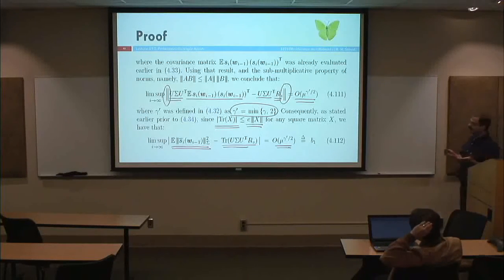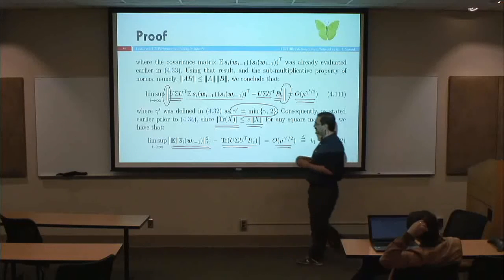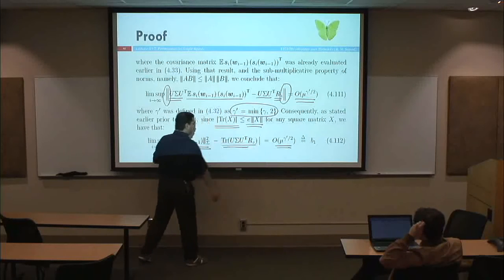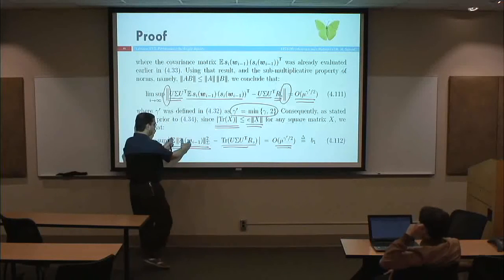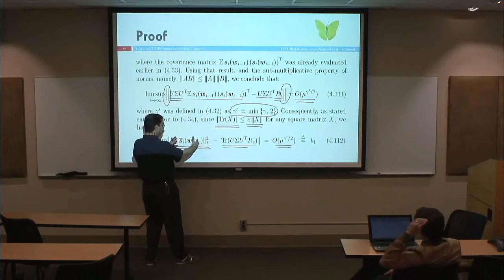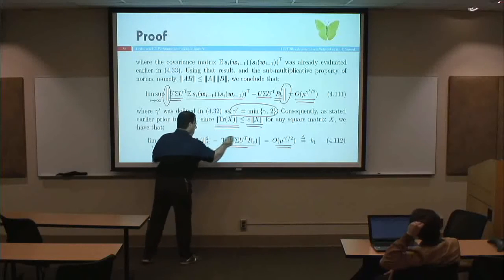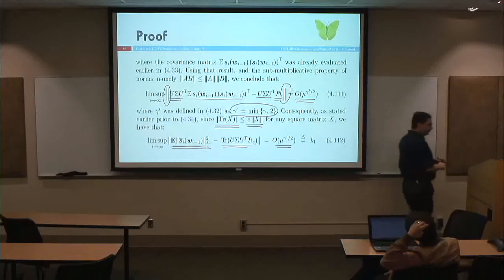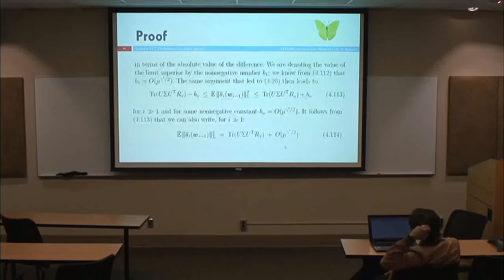So when you write an expression like this, that the lim sup of A minus B is some value, you are essentially saying that this quantity here is sandwiched between A plus B or A minus B. That's what you are saying, okay? So here it is.